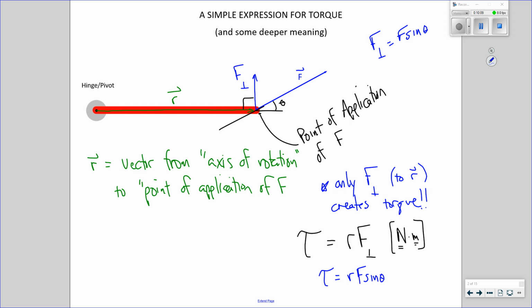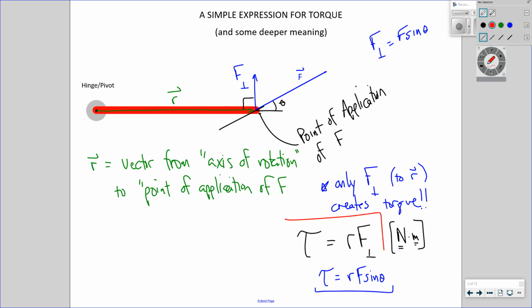You usually see this form of an expression for how much torque a force creates. I prefer personally to think about it like this because I'm trying to make sure I find a component of force perpendicular to r. And sometimes based on what angle is given in a problem, you might not use sine. You just have to make sure you use the appropriate trigonometric function to find the component of force perpendicular to r.